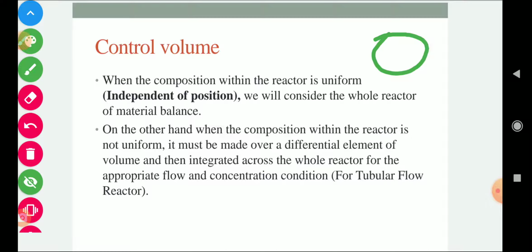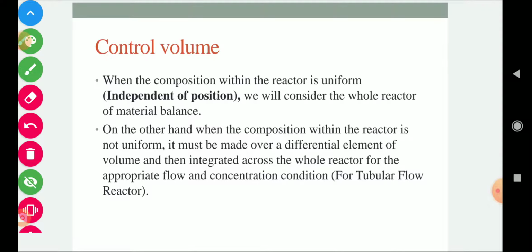For example, if we have a batch reactor or CSTR, the composition is uniform whatever location we choose. Temperature and pressure are not changing, and it is uniform throughout the reactor. So we can assume the entire reactor as a control volume, because in a control volume there is no variation of temperature and pressure, or whatever parameter we assume.